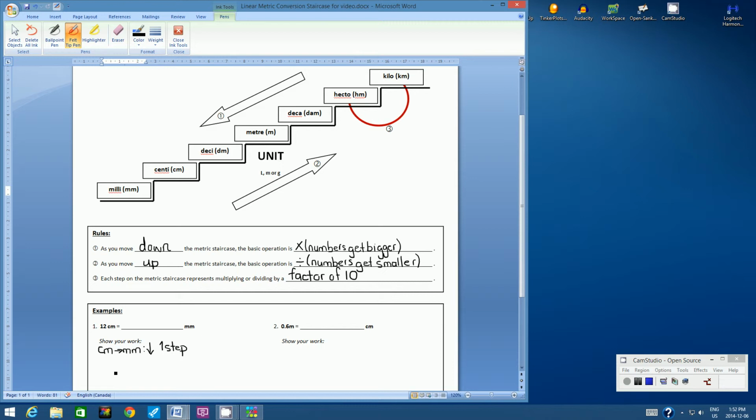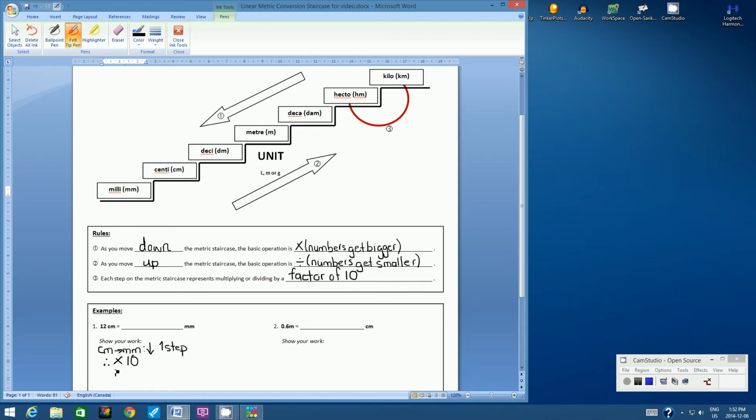So what does this mean in terms of our rules? Because we are moving down the metric staircase, the basic operation, using rule 1, is multiplication. And now let's use rule number 3. Each step on the metric staircase represents multiplying, in this case, by a factor of 10. One step means multiplying by 10.